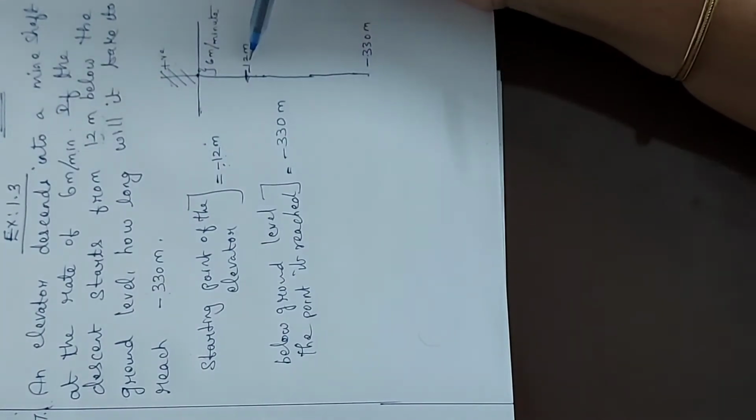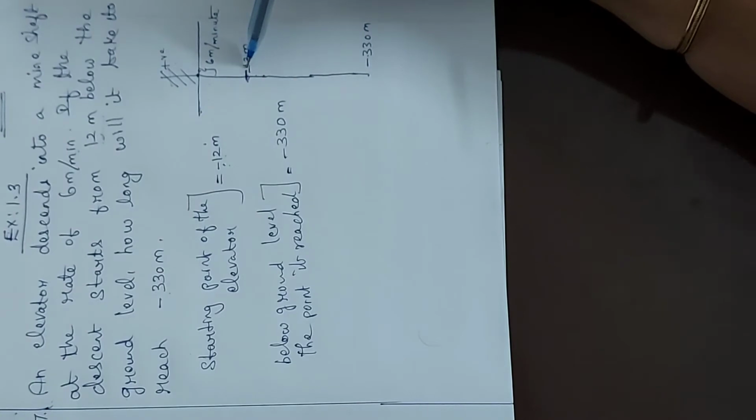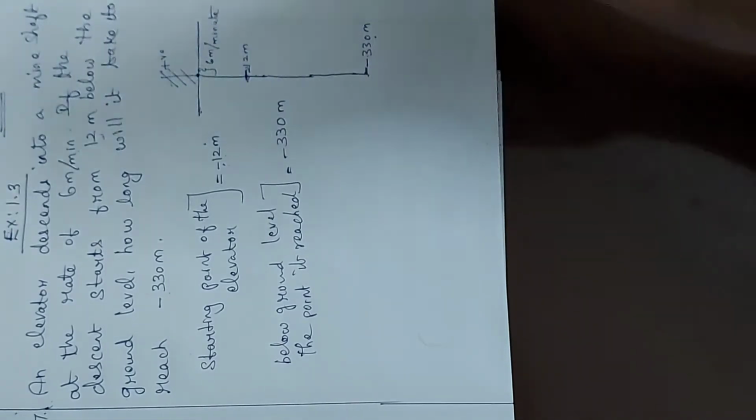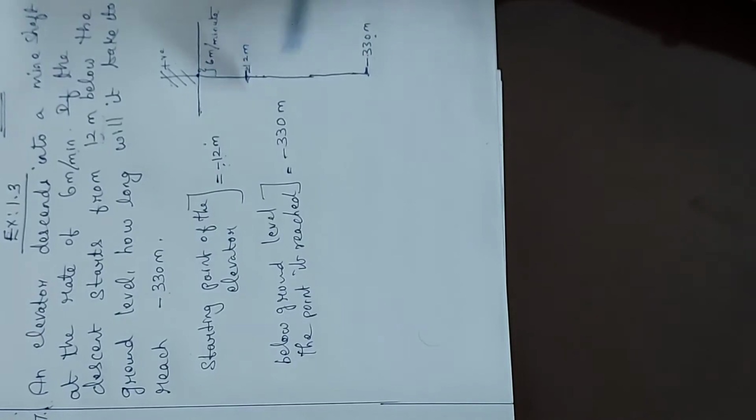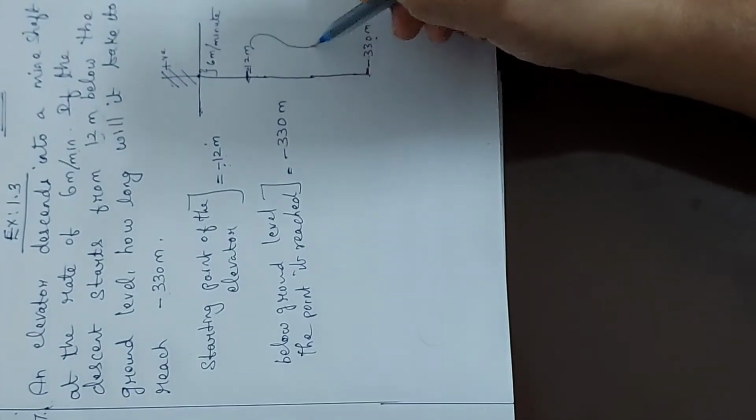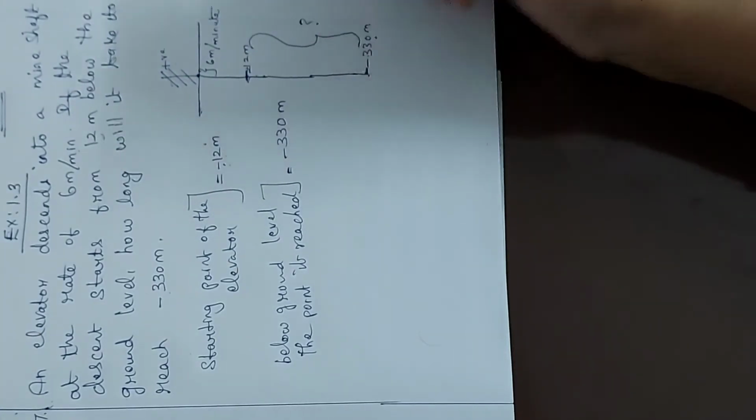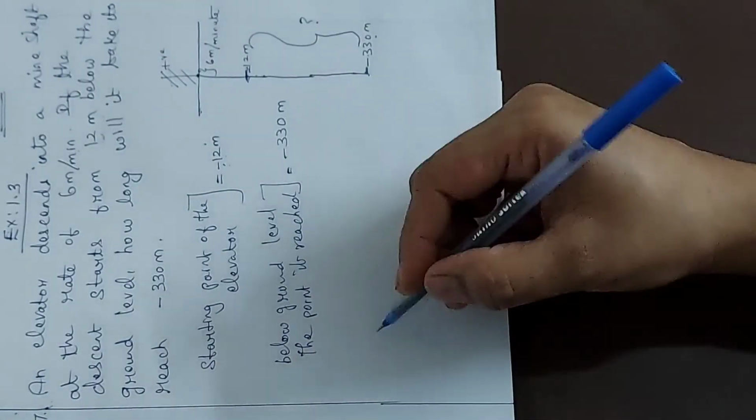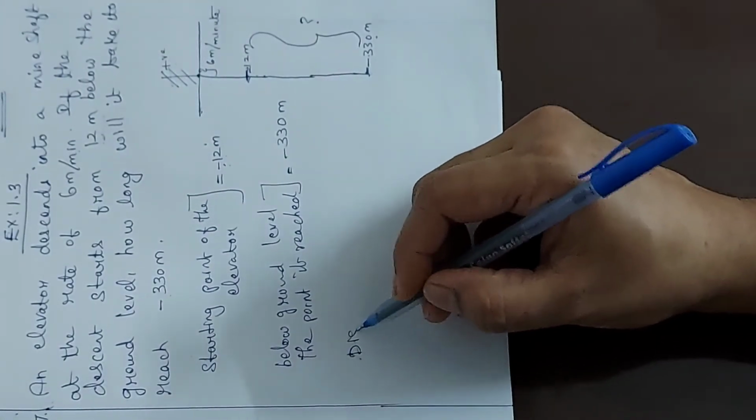Already it is at minus 12 meters, and from that minus 12 meters it started descending up to 330 meters. Now it is at the level of 330 meters, right? So we have to calculate this distance, that is from minus 12 to minus 330 meters, we have to find out.